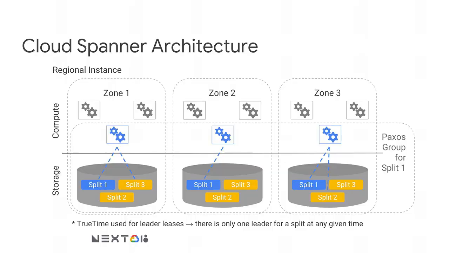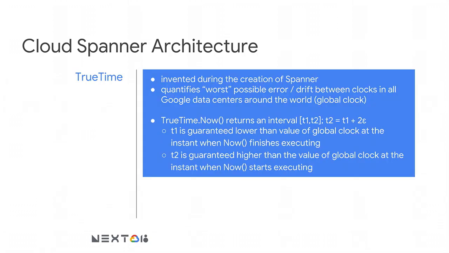And the way that we did this is that we invented TrueTime with the Spanner system. So what is TrueTime? TrueTime is a system that quantifies the worst possible error or drift between clocks all over the world. In all our data centers, we have so-called GPS masters and time masters, or atomic clocks, which are synchronized through GPS.